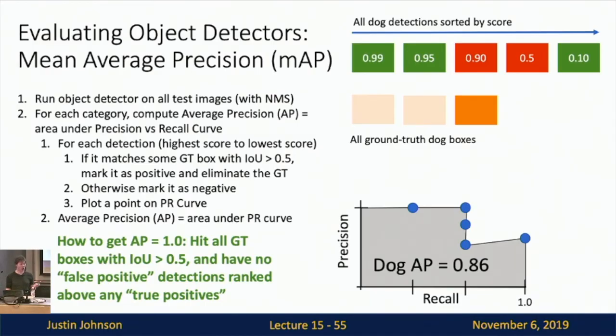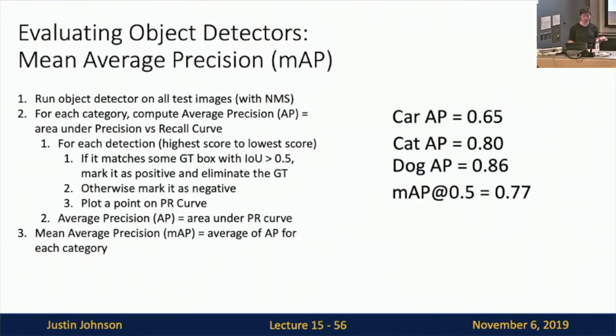Of course, this was only the dog average precision. In practice, we repeat this whole procedure for every object category, get an average precision for each category, and then compute the mean average precision as the average across all the categories. Okay, so that was a lot of work just to evaluate our object detector. But it actually gets a little bit worse, because the way we computed this mean average precision didn't really care about localizing boxes very well.